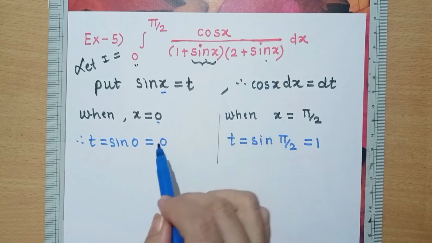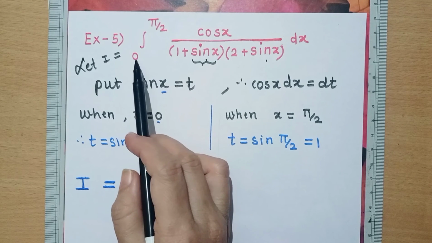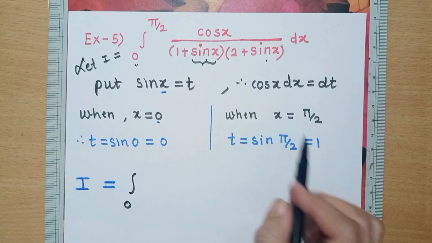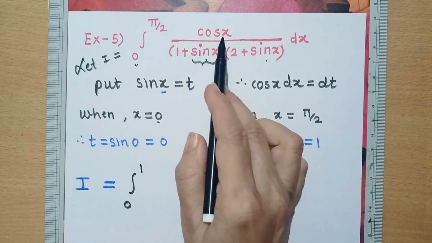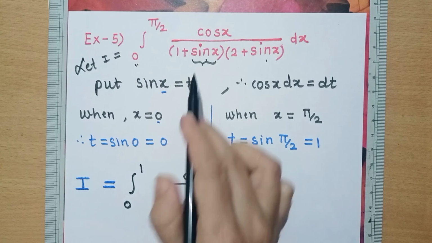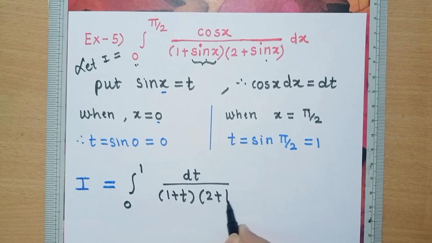Now we will substitute these four things here. When x equal to 0, t equal to 0, and when x equal to pi by 2, t is 1, cos x dx is dt, and in the denominator here this is 1 plus t and here 2 plus t.